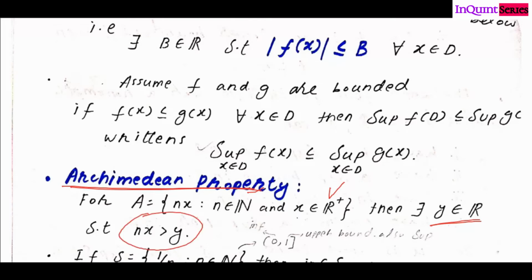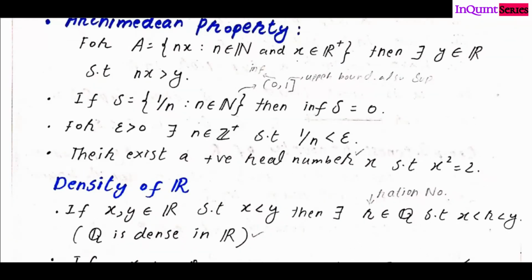From this inequality you can say the Archimedean property holds: if the set S is equal to 1 over n where n belongs to the set of natural numbers, then the infimum of that set is 0.